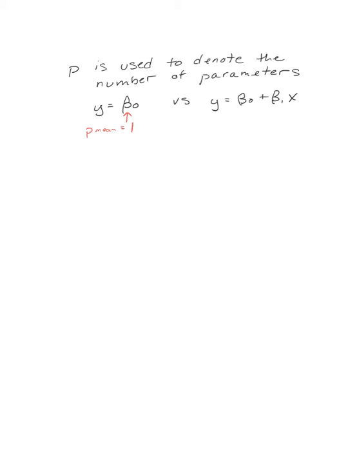P for the mean equals 1, and over in our equation of a line, we have two parameters, the intercept and the slope, and so p for the fit equals 2, which means in the full model we have p for the fit minus p for the mean additional parameters, so this is the number of additional parameters.